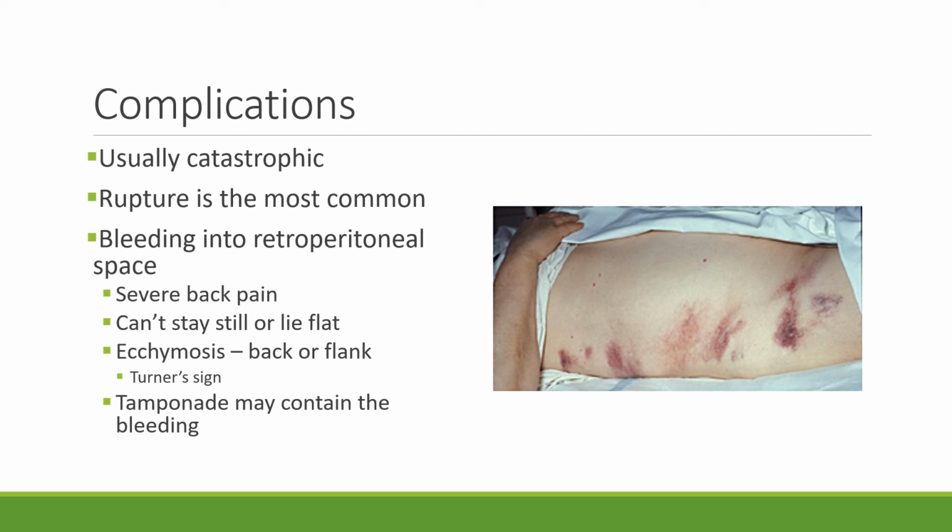In this case, the patient is going to need immediate surgical repair. Even if the patient makes it to the hospital and the emergency room, their mortality rate is very high, greater than 50%.